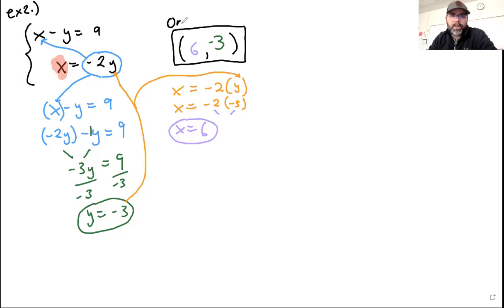This is one solution. All right, now we could take 6 and -3, plug them into both equations, see if they fit, but we're going to skip that and you're just going to trust me that these are the correct solutions for this equation. All right, any questions?